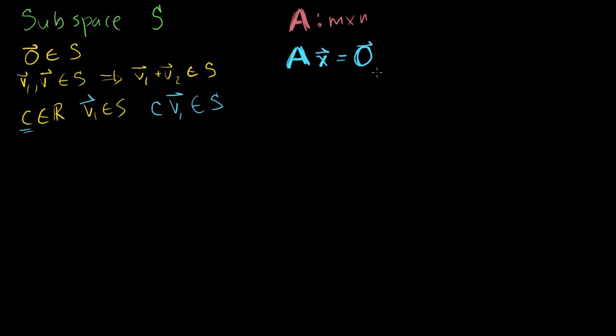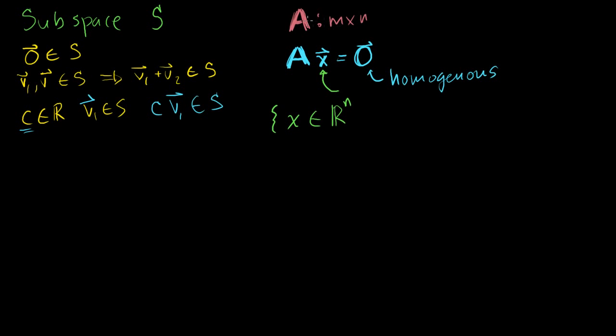This is a homogeneous equation because we have a 0 there. And I want to ask the question: if I take the universe, the set of all of the x's that satisfy this equation, do I have a valid subspace? I want to take all of the x's that are a member of Rn.